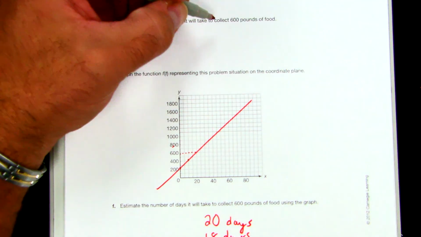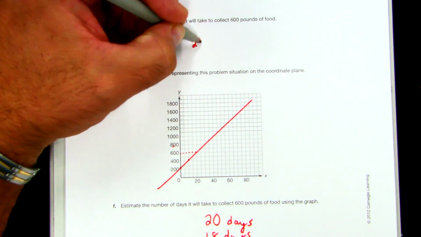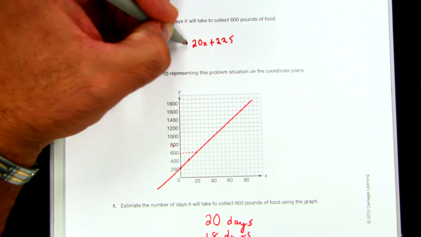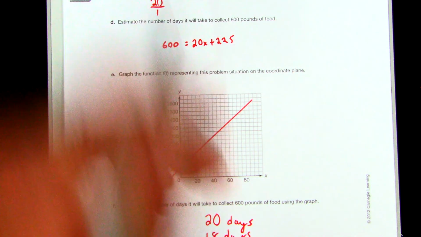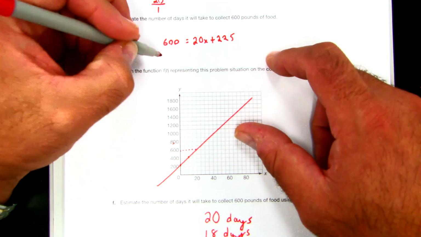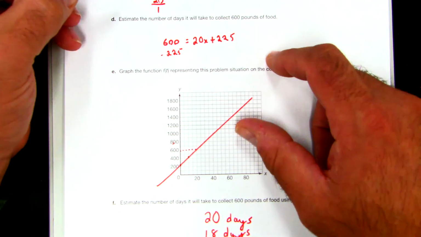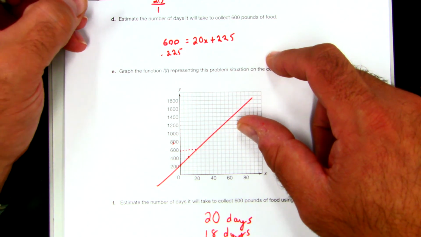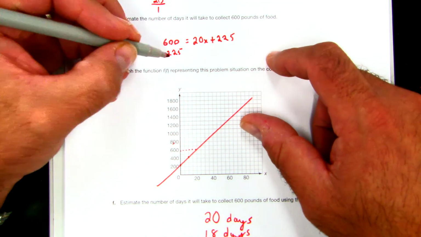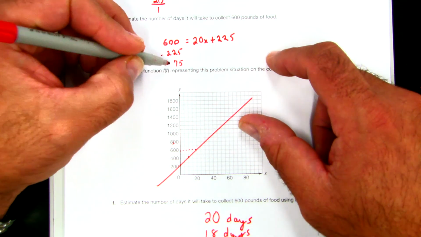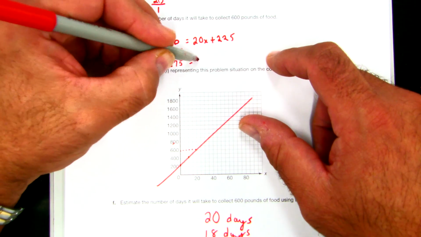Let's put 600 pounds. So we'd have 20x plus 225 equals 600. Now we do our math. We minus 225, and you get... I'm waiting. Correct. 375 equals 20x.